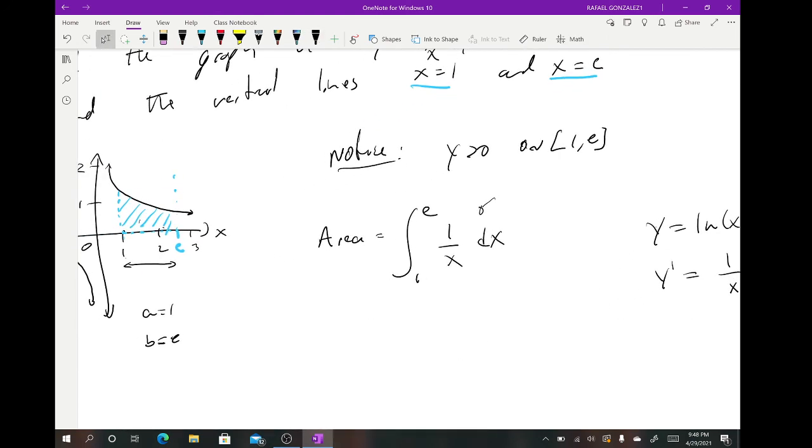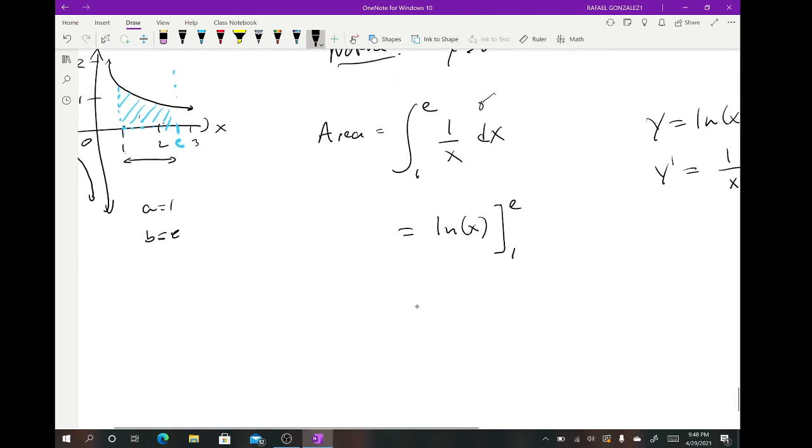So we have an antiderivative for this. So we have that the antiderivative of 1 over x dx is ln of x, and we're evaluating that from 1 to e, which means that by the fundamental theorem of calculus, that says f of b minus f of a, I'm going to have ln of e minus ln of 1.